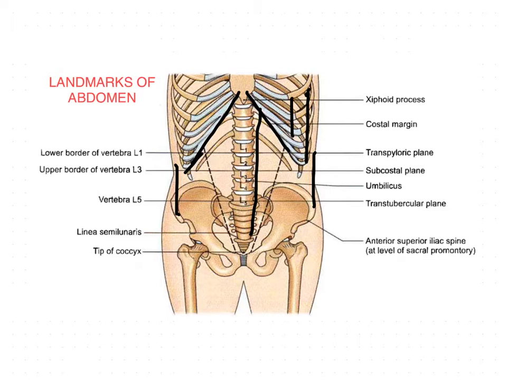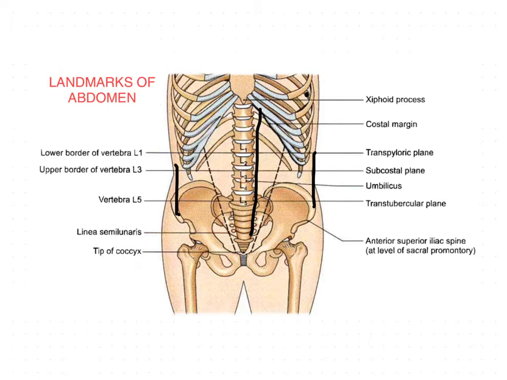For that reason, the space occupied on the anterior aspect is not seen on the posterior and lateral aspects. Above it is covered by the thoracic cage, whereas at the lower part on the posterior aspect you have the gluteal region. That gluteal region also occupies some part of the posterior abdomen. Okay, so this is the vertical extent of the abdomen.